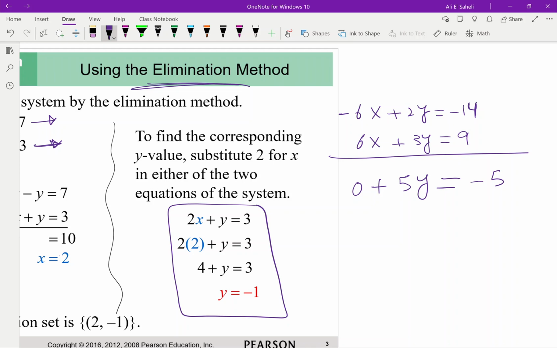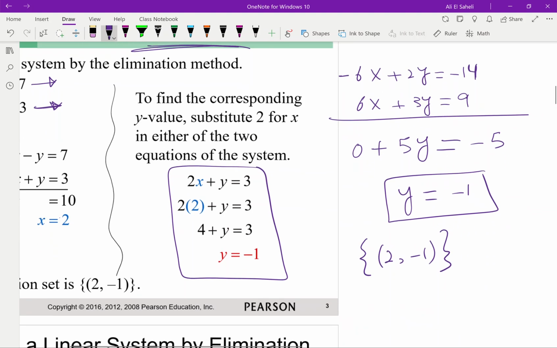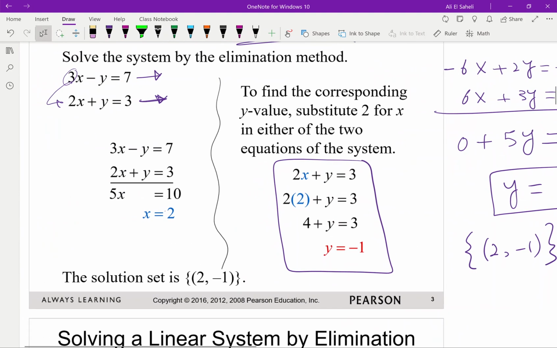So we eliminated x the same way as we eliminated y over here. So y is minus 1. The solution is (2, minus 1). This is the set of ordered pairs, and there is only one ordered pair.